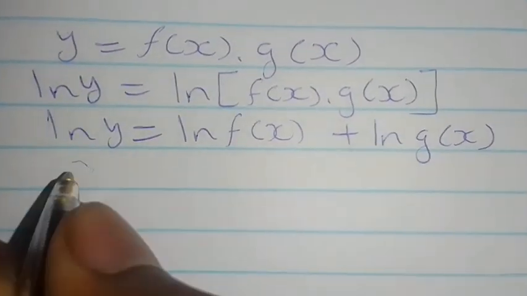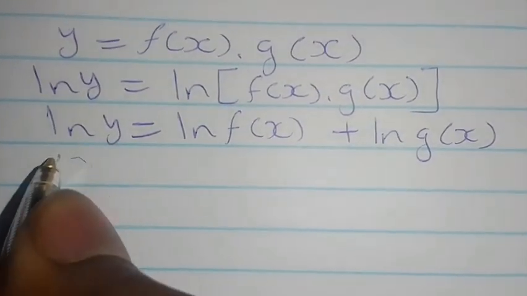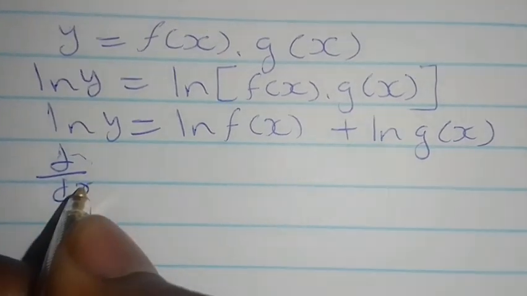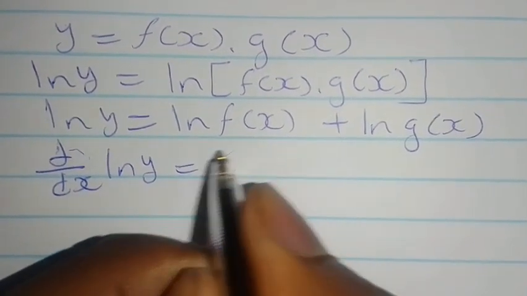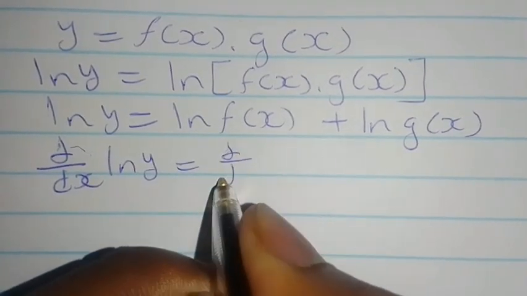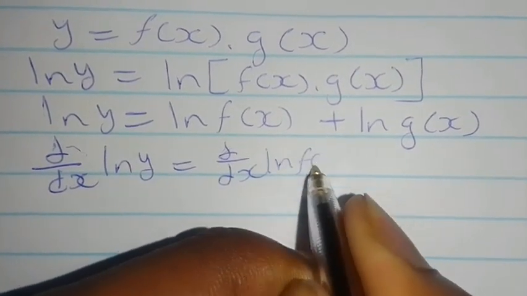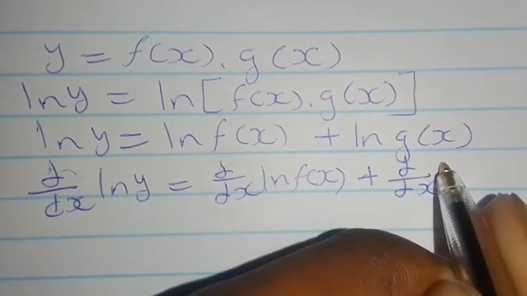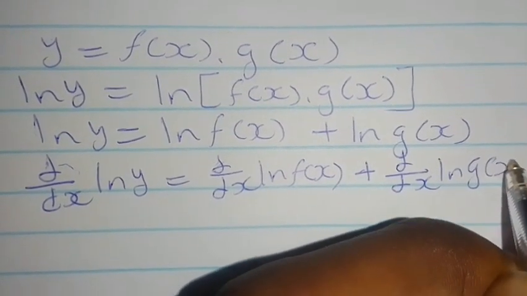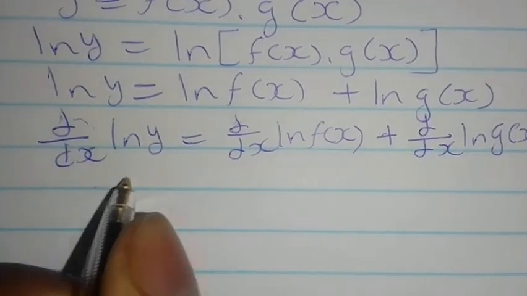Then if I derive this, d over dx of the natural log of y is the same as d over dx of the natural log of f of x plus d over dx of the natural log of g of x.